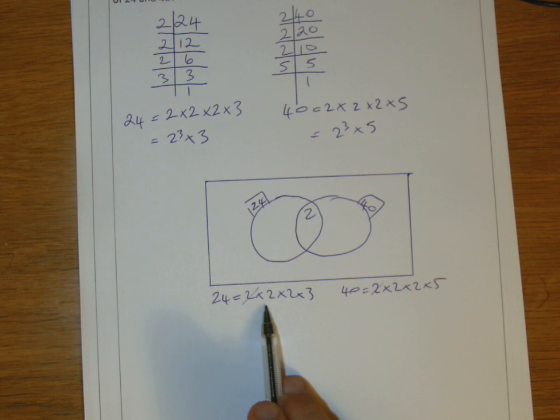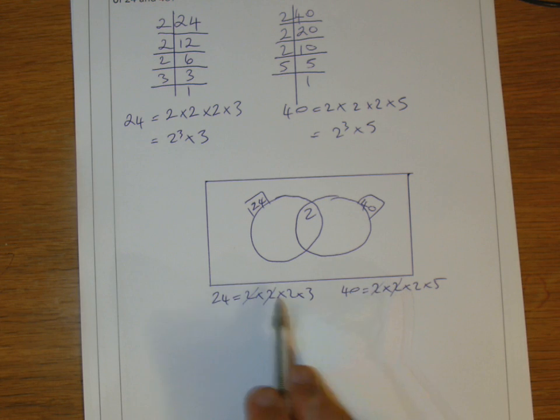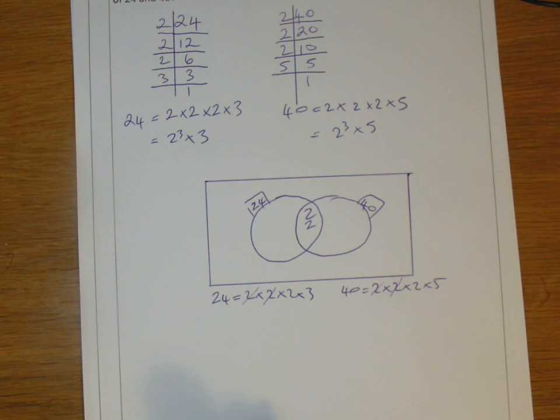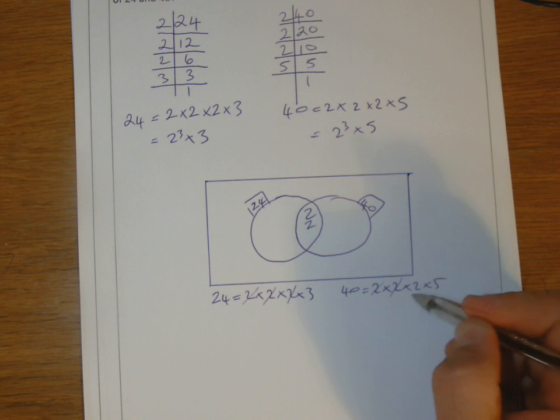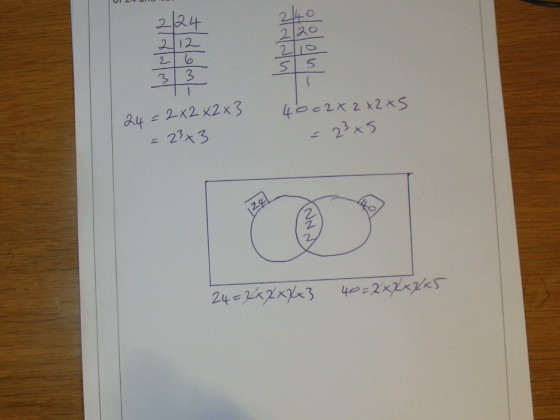This 2 partners up with that 2, so it's common to both of them again, so we can put another 2 in the center. And then this 2 is partnered up with that 2, so we can put another 2 in the center.